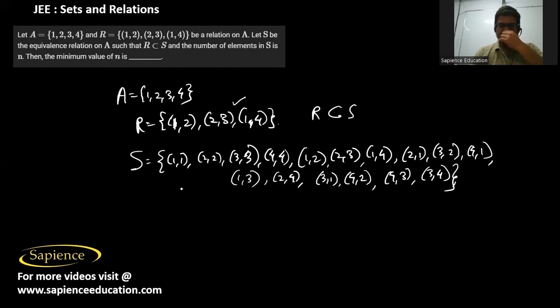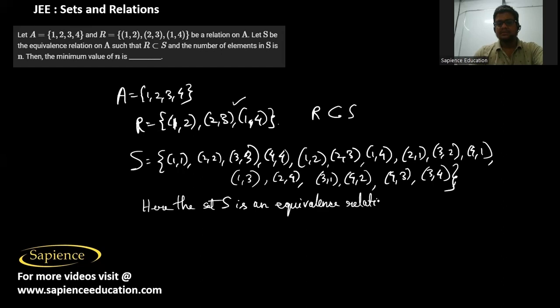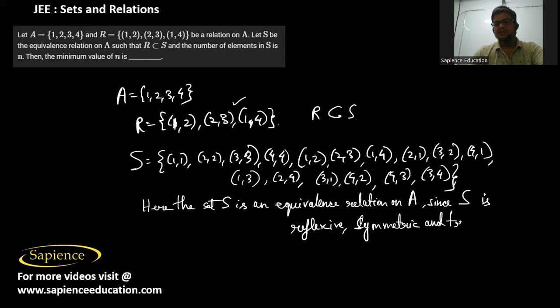So now here we can see the set S is an equivalence relation on the set A, since the relation S is reflexive, symmetric and transitive.